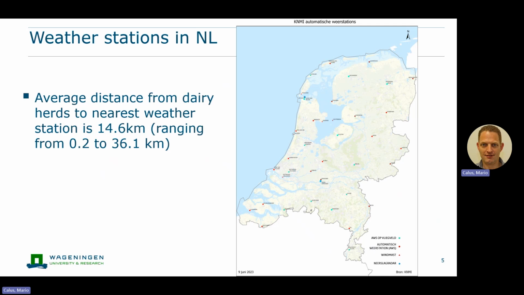When we used this information, we found that the average distance from the dairy herds in the data to the nearest weather station was a little less than 15 kilometers, and the largest distance was only 36 kilometers.